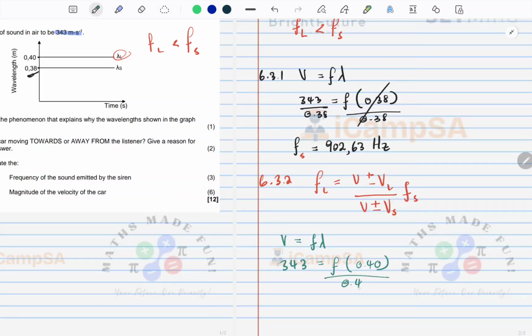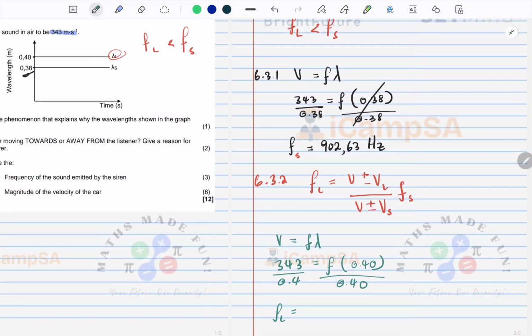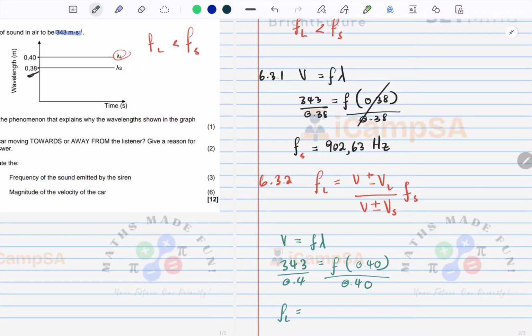Then we divide by 0.4. Then you've got your FL. Let's punch our calculator. I'm getting 8557.5 hertz.